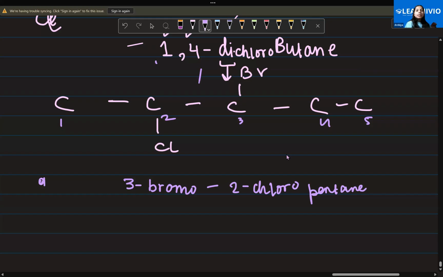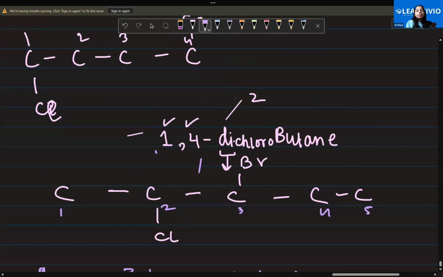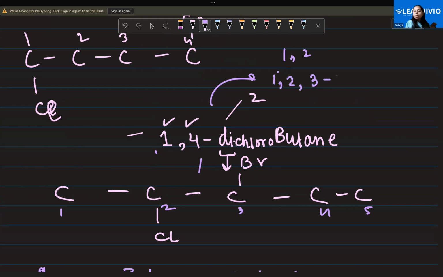The same thing applies, I'll add it here instead of making another chain. If I had 3 chlorines, say at positions 1, 2, 5, then because I have 3 chlorines I will write trichloro. On pentane, that is trichloropentane.